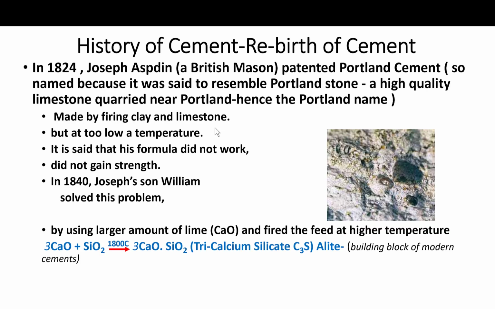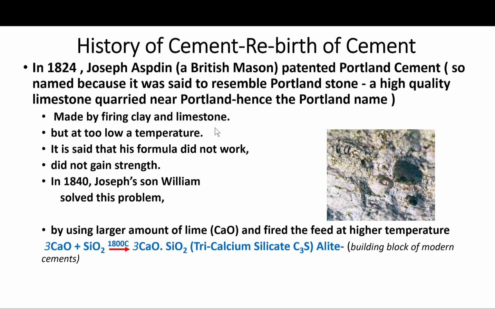Again, in 1824, Joseph Aspdin, a British mason, patented Portland cement. This was named so because it was said to resemble Portland stone, a high quality limestone quarried near Portland, hence the name Portland.